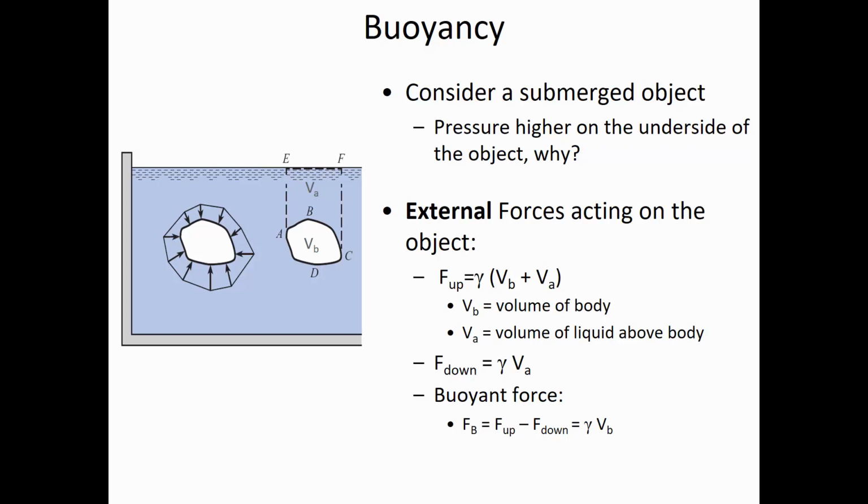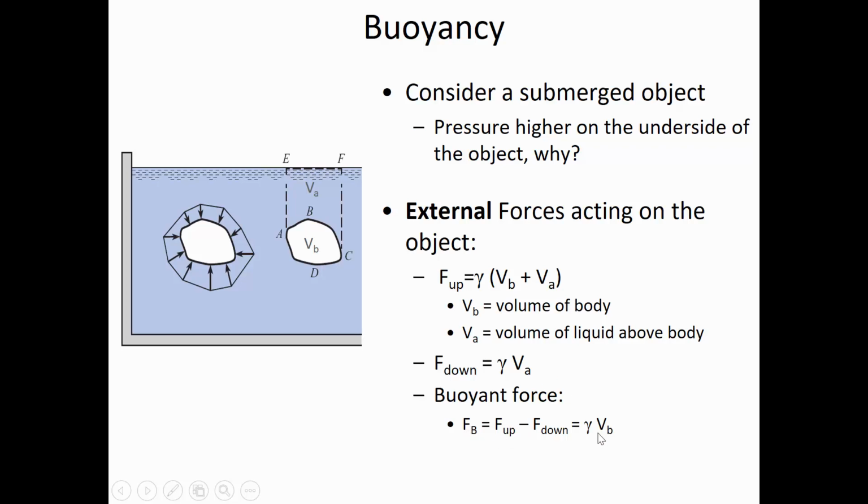So those are the upward forces, but the downward forces are only dependent on the weight of the water that's above the object. And so the difference between the two is the buoyant force, the difference between what's pushing it up and what's pushing it down. And so it's a really simple formula.